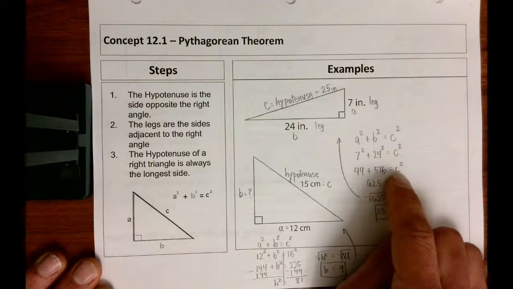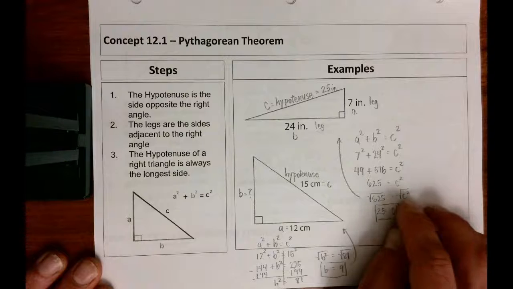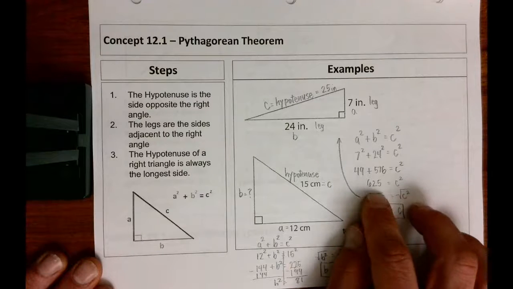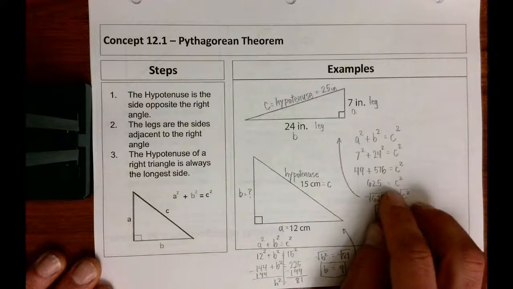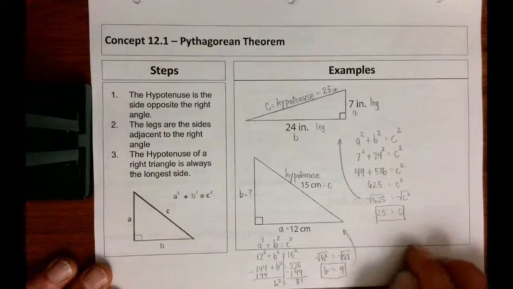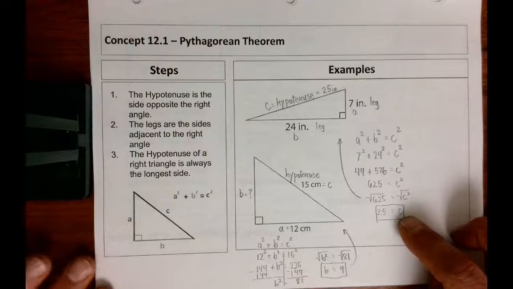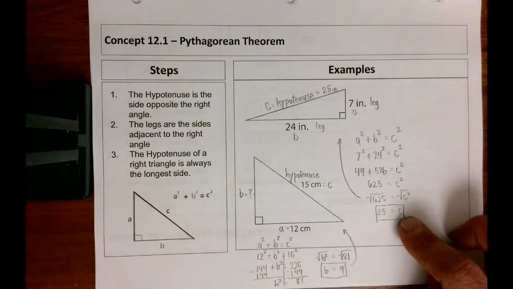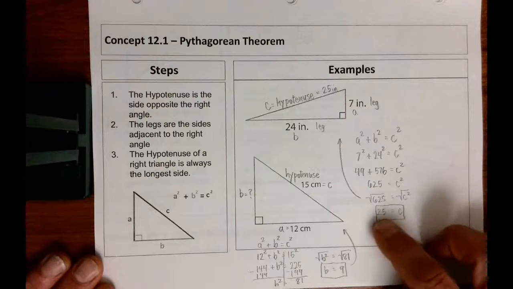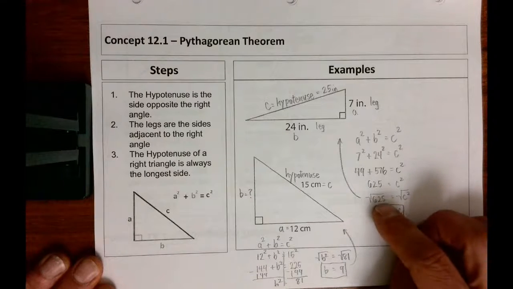And from the practice we did yesterday, we're going to find the square root of 625, because 625 equals C squared. And if I find the square root of C squared, let's see, right? Because c times c equals c squared. And 25 times 25 equals 625.